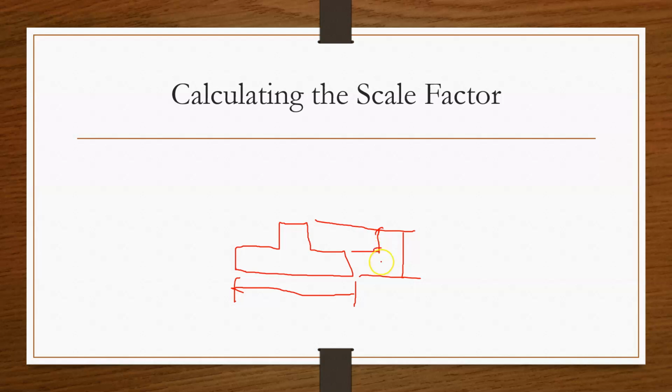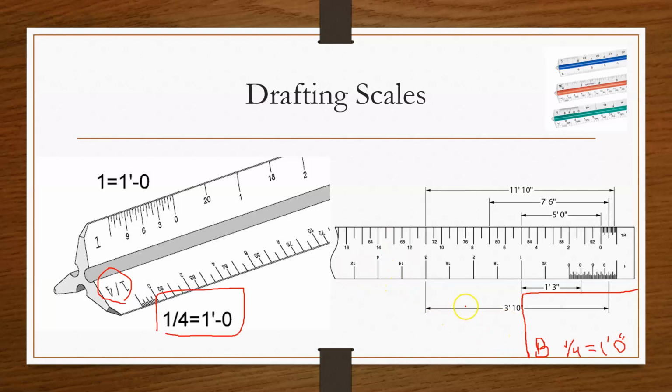Well, if you have that scale, you can go and measure this line and it will calculate that distance for you, right? So it's a lot easier for you to look on here, but remember that you have to have these two criteria. You have to have the drawing printed out to this size, and you have to know the scale factor.